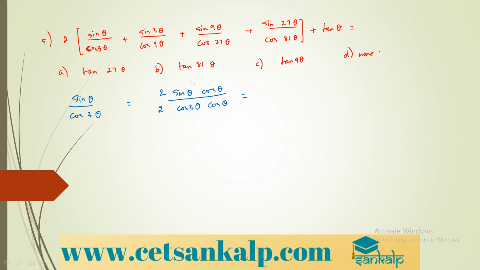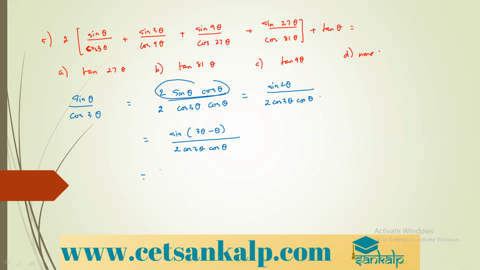I am doing this because 2 sine theta cos theta I can write as sine 2 theta. And then in the denominator I am having 2 cos 3 theta cos theta. So this I will change: sine 2 theta I will write as sine of (3 theta minus theta), and the denominator 2 cos 3 theta cos theta as it is.